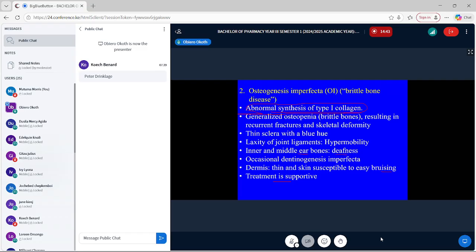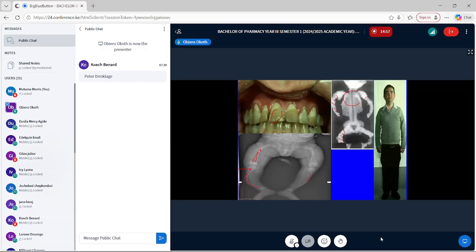Treatment here tends to be supportive. We don't have a clear current treatment protocol for osteogenesis imperfecta. And it varies from very severe.